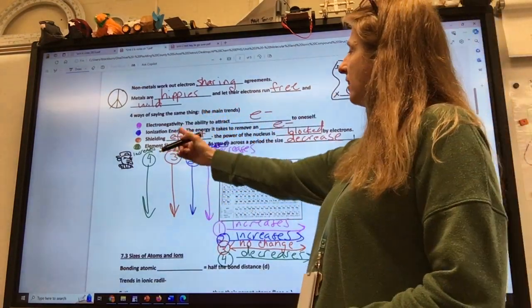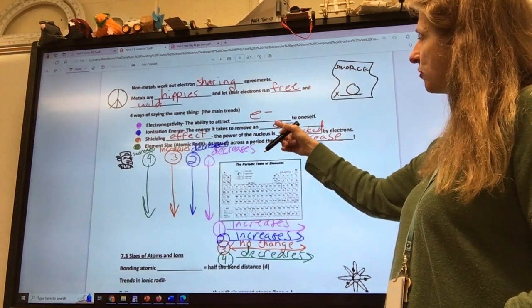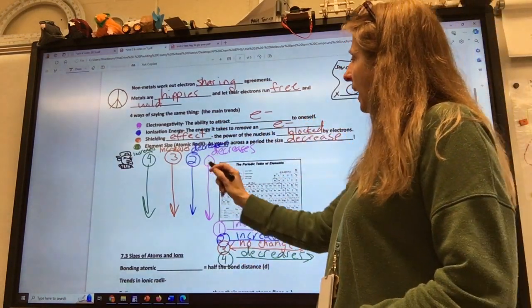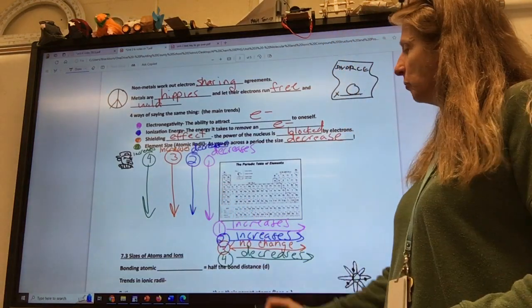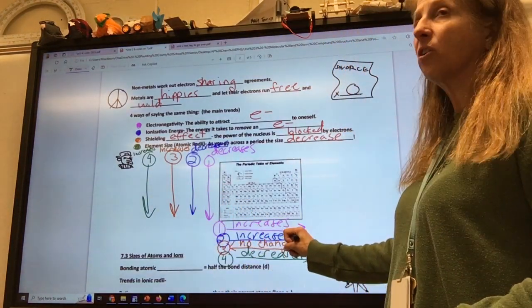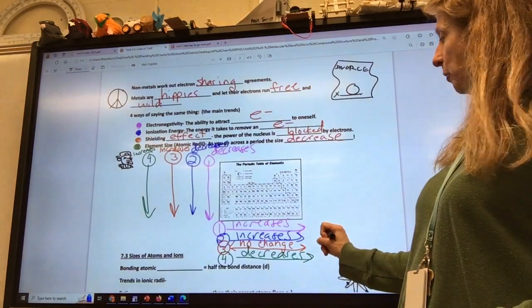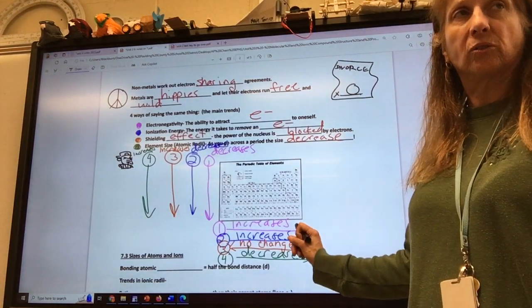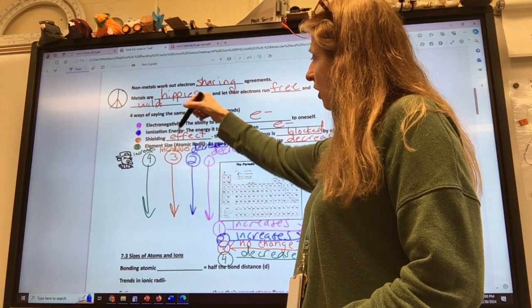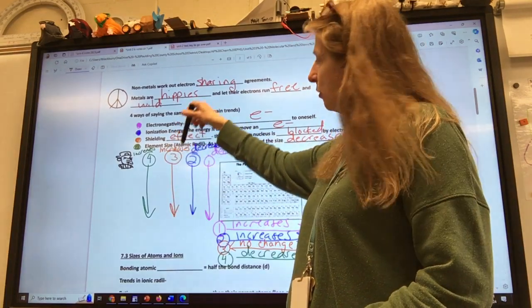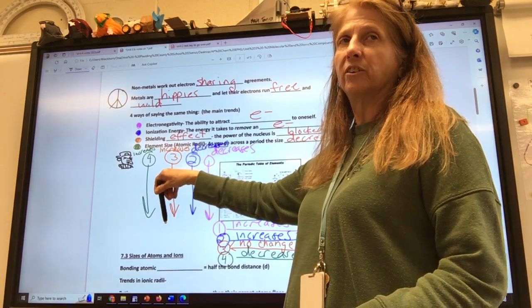Okay, so ionization energy, the energy it takes to remove an electron. Well, as you go down, they have more electrons, it's easier to remove one. As you go across, it gets harder and harder to remove one because they want to keep theirs and steal yours. Okay? Number 3, the shielding effect. The more kids you have, the less likely you're going to have much influence over them.